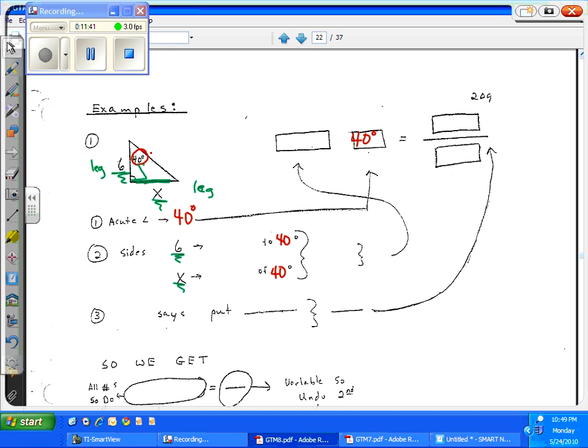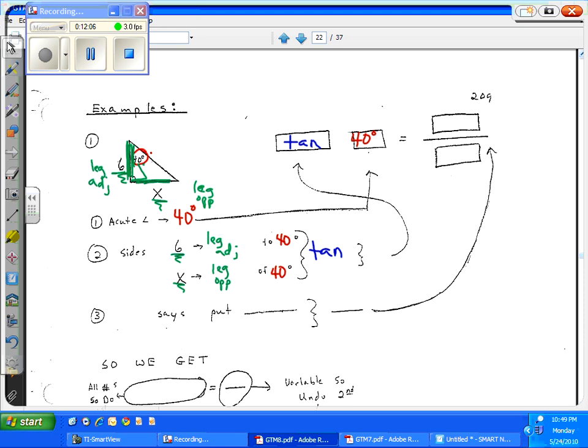The x is the leg opposite. The 6 is the leg adjacent. Leg opposite, leg adjacent is tangent.